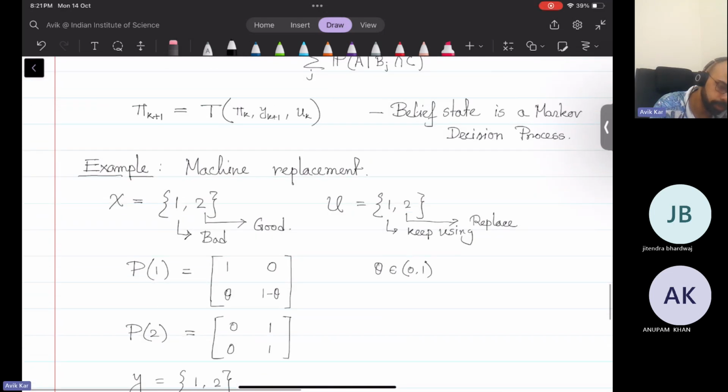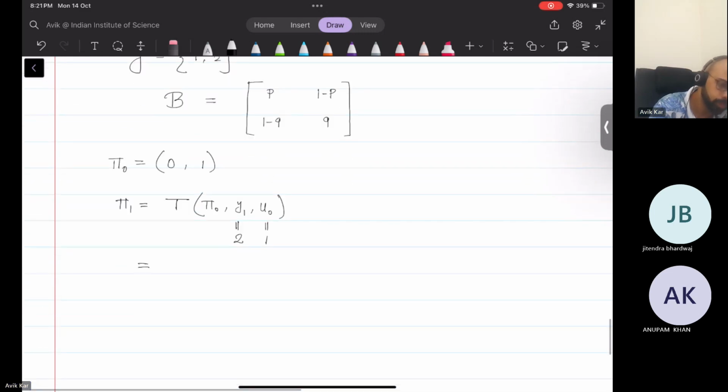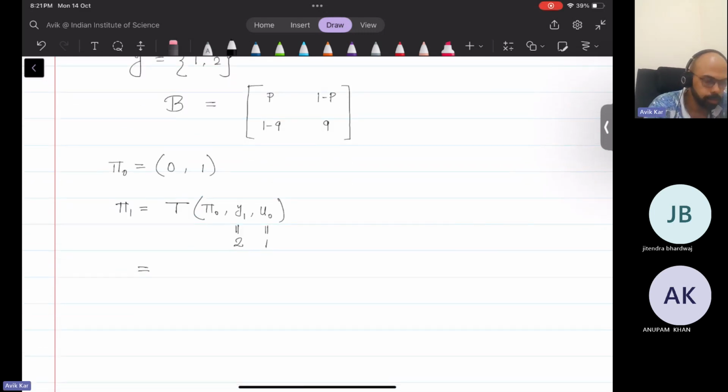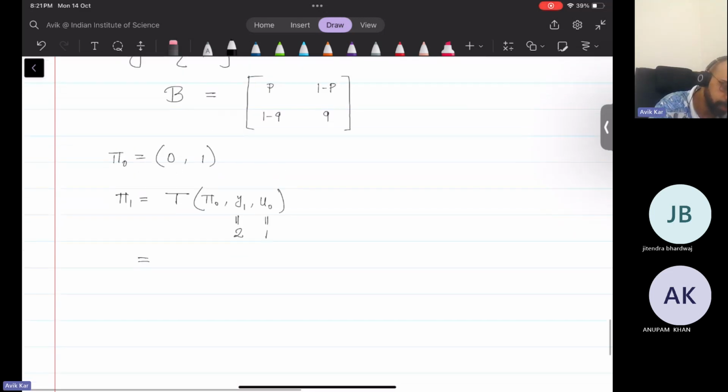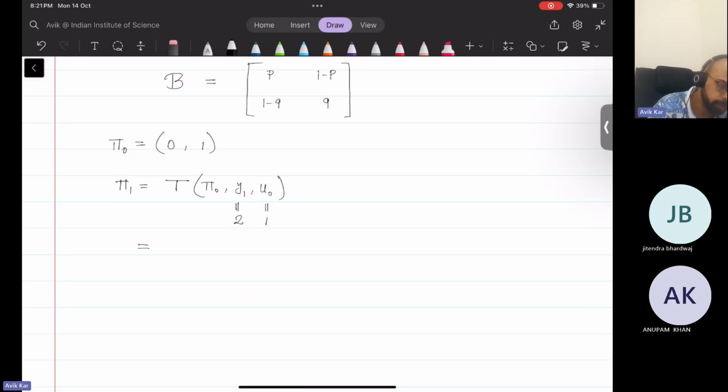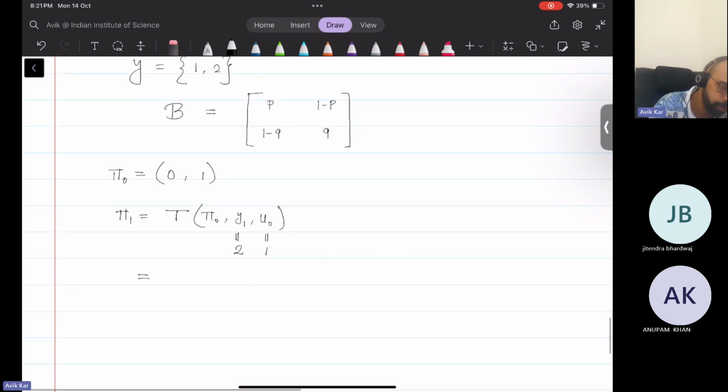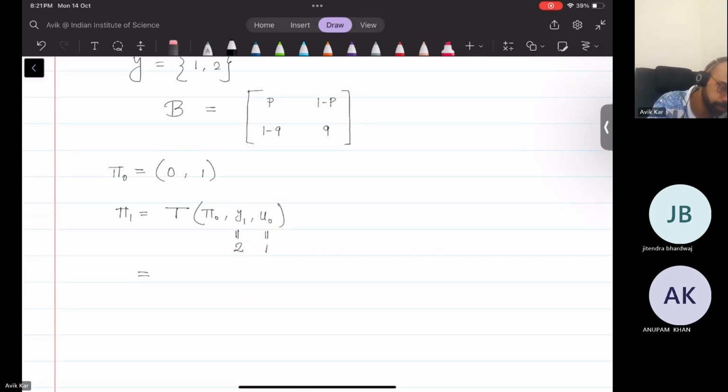Here, another thing is that your observation distribution doesn't depend on the action, so what we have discussed is more general. Since you have seen observation 2, the B matrix will be 1 minus P, 0, 0, Q.